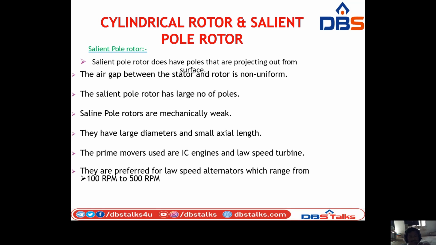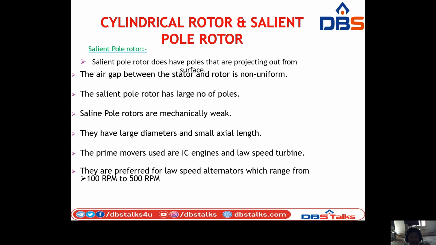Whereas in salient pole rotors, the poles project from the outer side of the shaft. The air gap between stator and rotor is non-uniform. A salient pole rotor has a large number of poles.